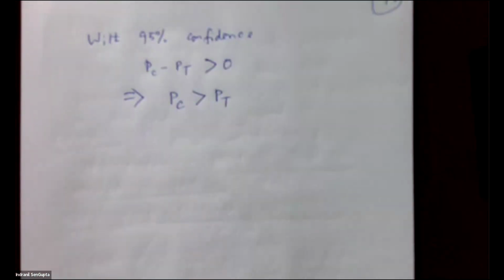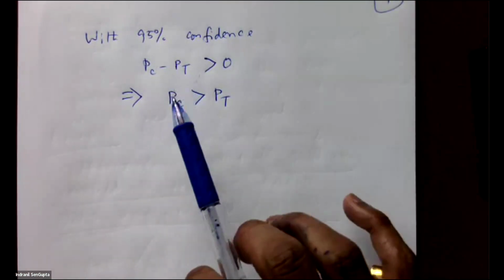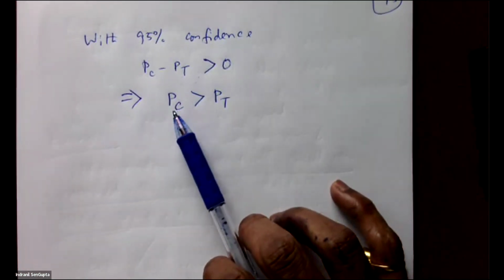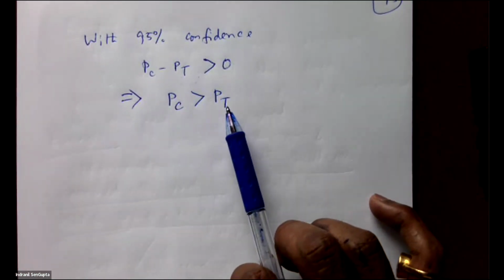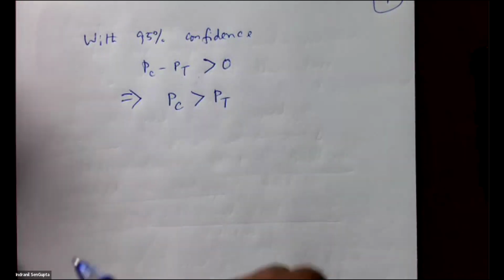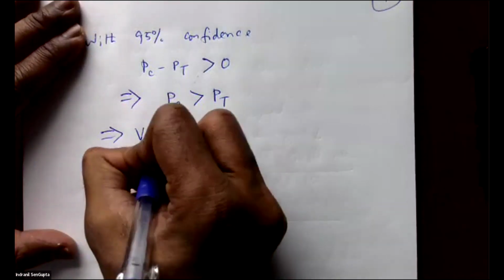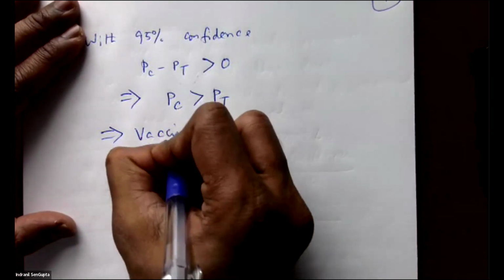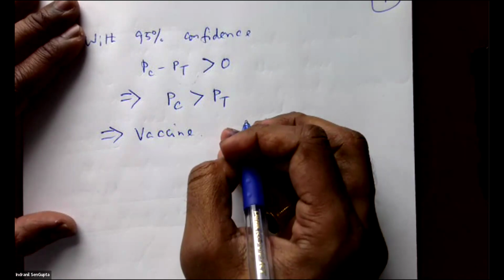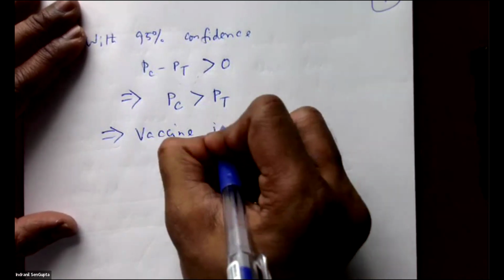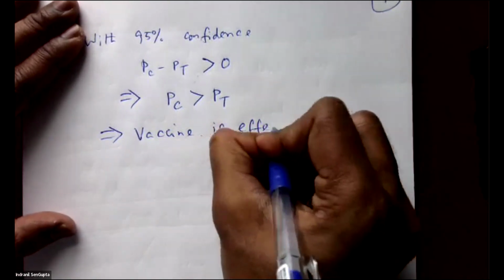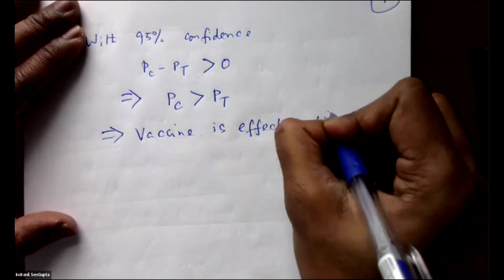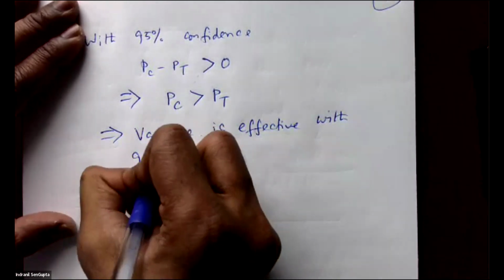That means in the entire population, the proportion of polio patients in the control group is more than the proportion of polio patients in the treated group. So that means this particular vaccine is effective with 95% confidence.